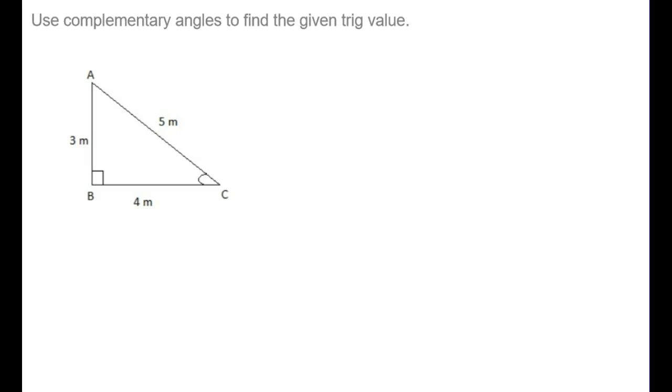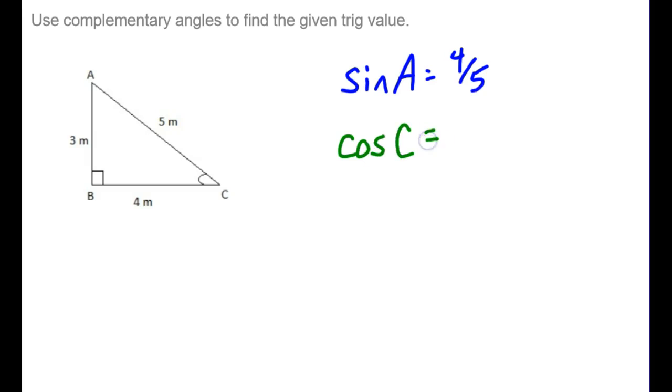Alright, so let's focus on this 3, 4, 5 right triangle, a very common right triangle. And I told you to find the sine of angle A. If you recall, sine is opposite over hypotenuse, so this would be equal to 4 over 5. And then I told you to find the cosine of the other acute angle, which would be the cosine of C. Cosine, if you recall, is equal to adjacent over hypotenuse, so that would be 4 over 5 as well.